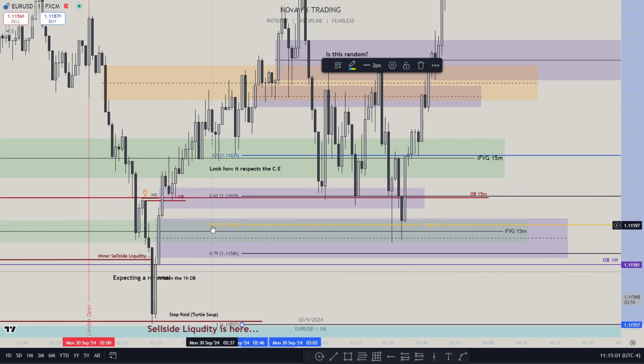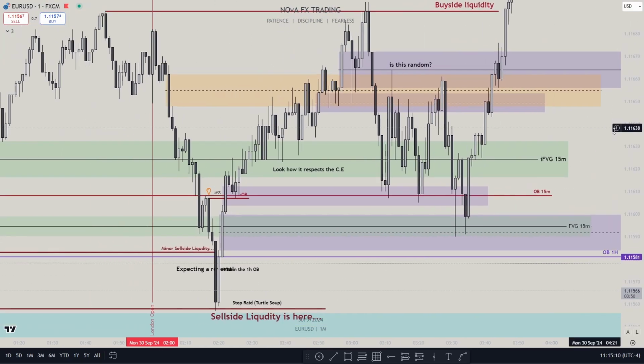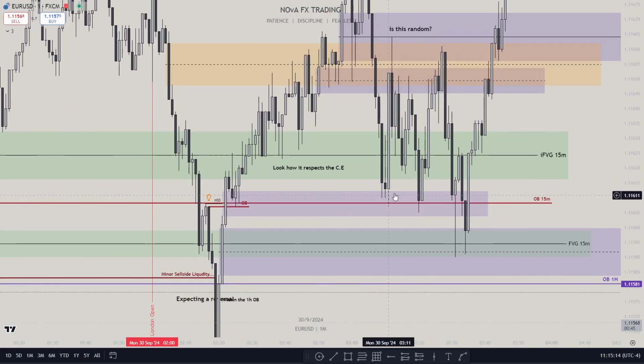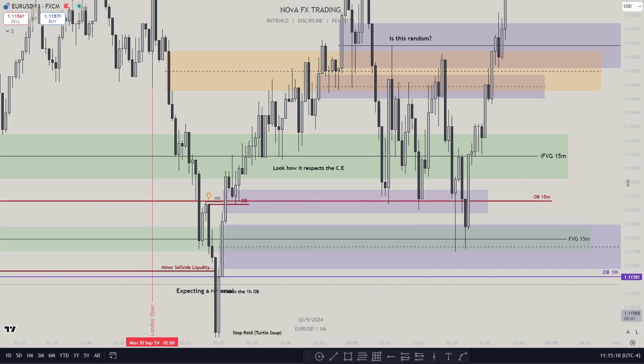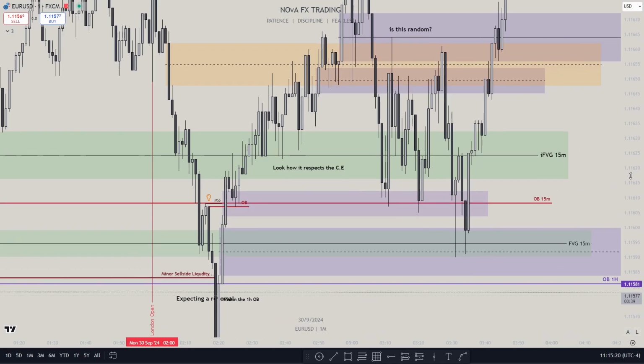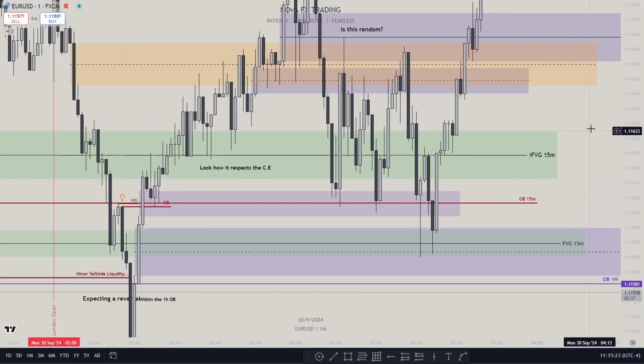Also the 0.705 is right here, which is inside this first fair value gap. So as the price came down to this fair value gap again to balance it, because a fair value gap is basically an imbalance and the price always balances it.